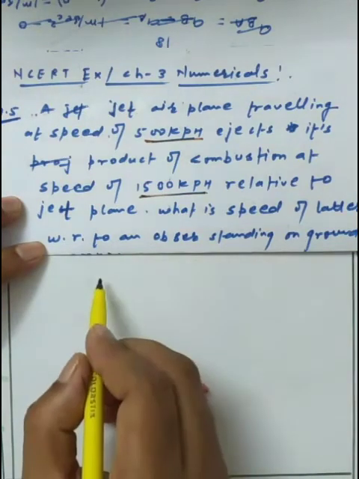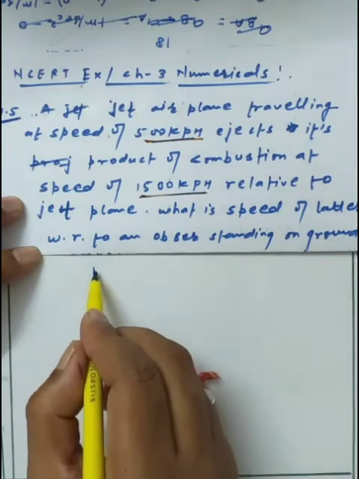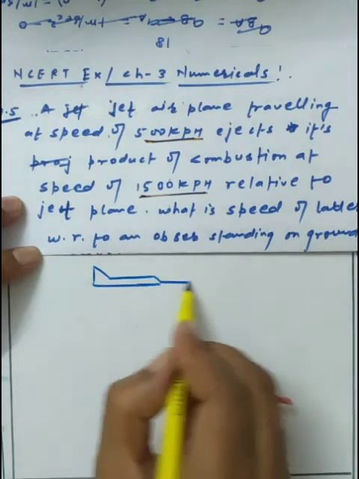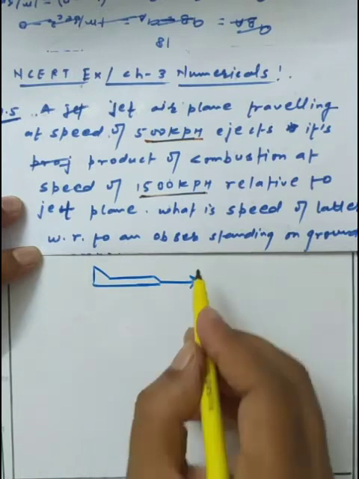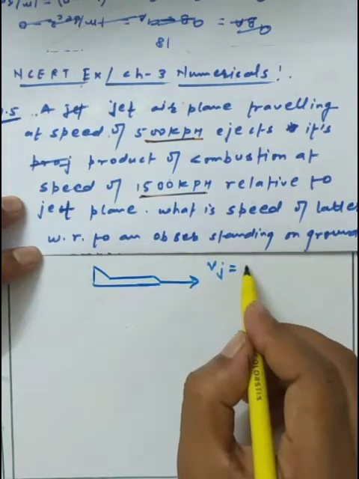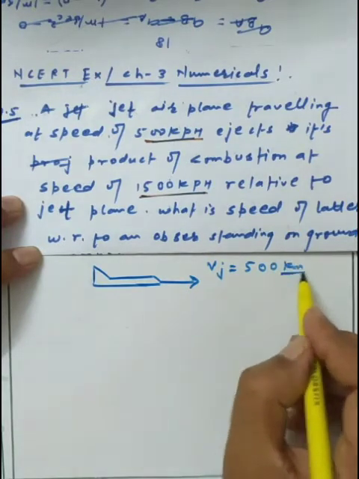Just imagine the condition inside your mind. I am making a basic assumption of a pictorial diagram in front of you. This is the velocity, that is, the speed of the jet plane, which is 500 kilometer per hour.